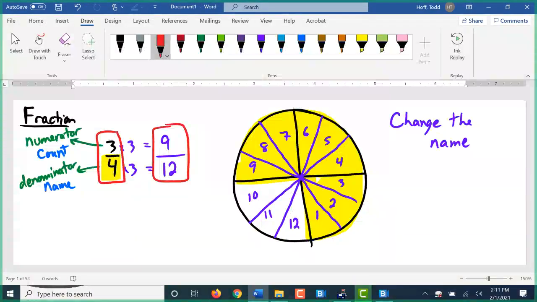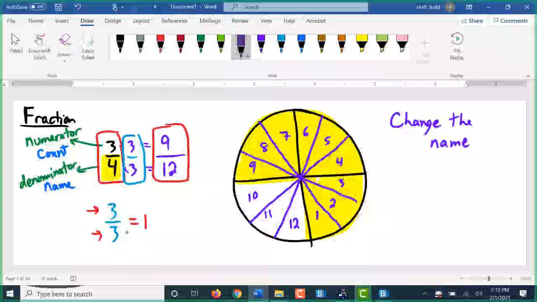How were we able to do that and keep them equal? Well, it comes down to this thing right here. We multiplied by 3 over 3. This 3 is saying we have 3 pieces. This 3 is saying it takes 3 pieces to make a whole object. In other words, that is 1 whole object. It's equal to 1.